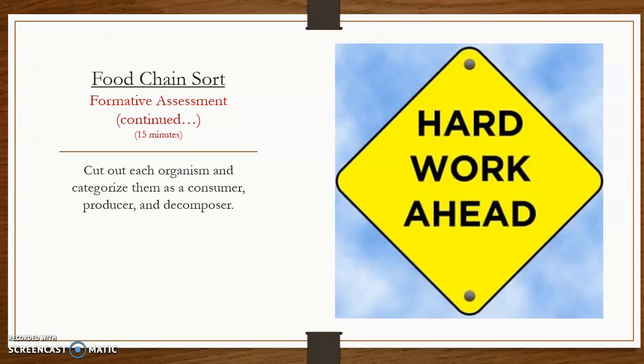So the next activity is going to be your food chain sort worksheet. I want you to cut out each of the organisms and the definitions and classify them as a consumer, producer, and decomposer.